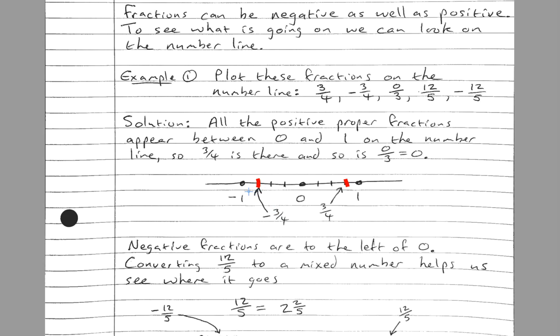That's here. So just on the number line, it's easy. You can see the symmetry. 3/4 is here. If you reflect it through 0, you get negative 3/4 over here.